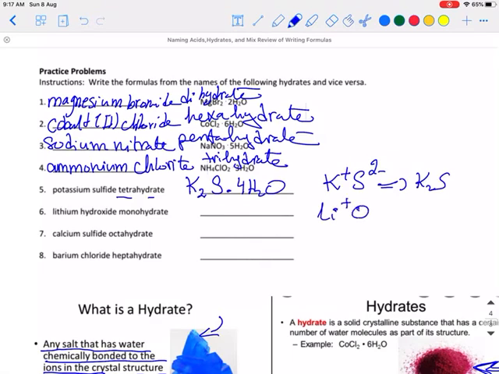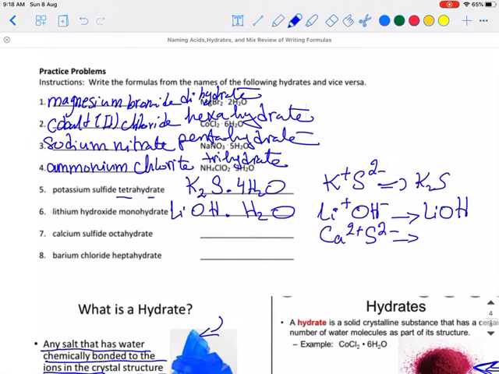Lithium hydroxide, lithium plus and hydroxide polyatomic ion minus, ratio 1:1, so LiOH. Monohydrate, it means 1 molecule of water. Calcium sulfide, calcium group 2, 2 plus, sulfide from sulfur, group 6, 2 minus, ratio 1:1 because same charge, so CaS.